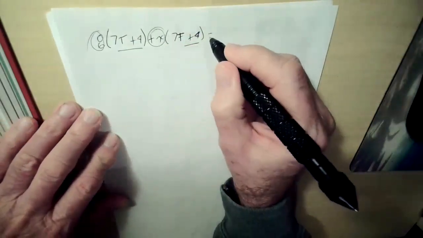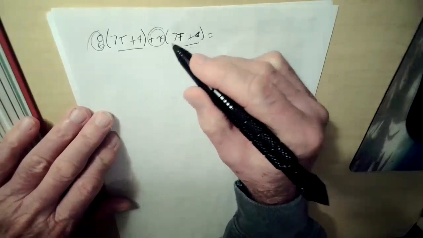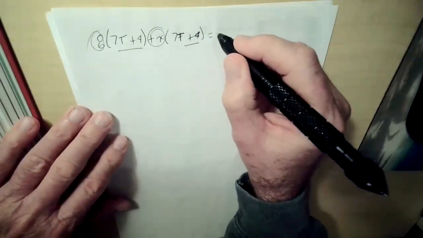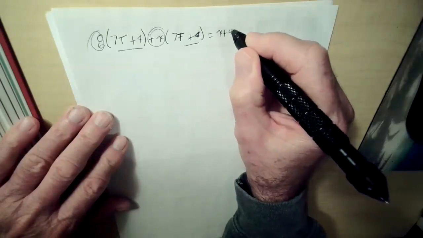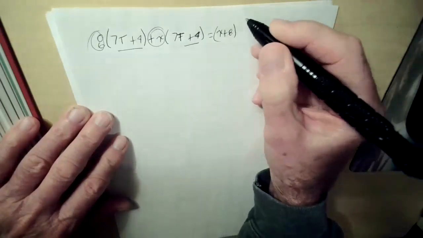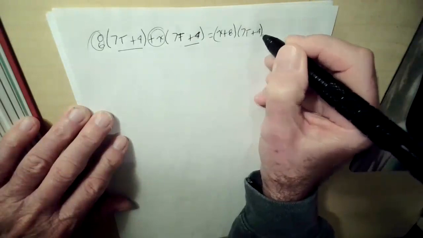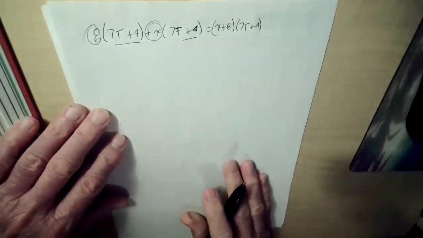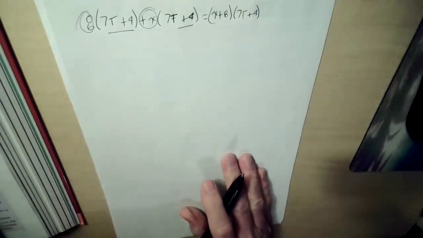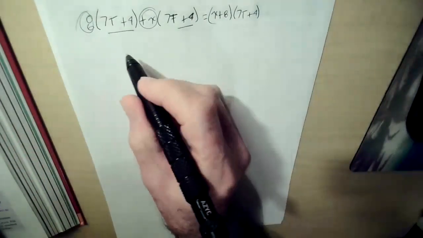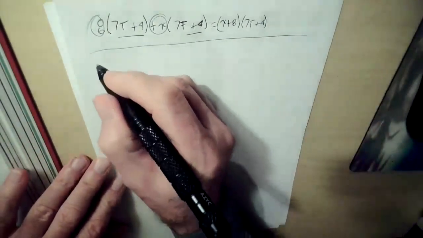Okay, 7t plus 4, 7t plus 4. So these are like terms. So we're going to group this and this together. We're going to have 8 plus x, but typically we write it x plus 8, times 7t plus 4. Right.